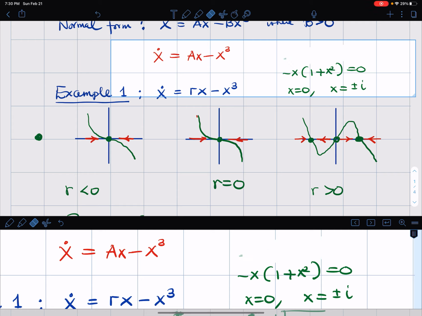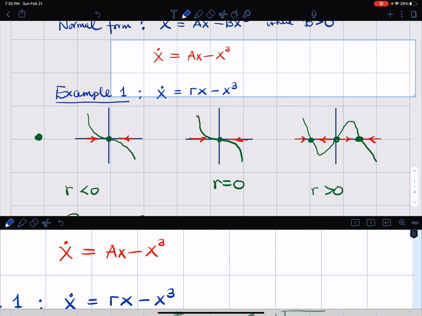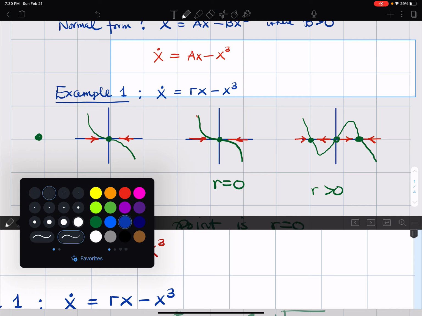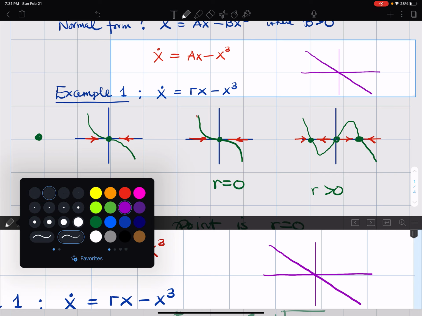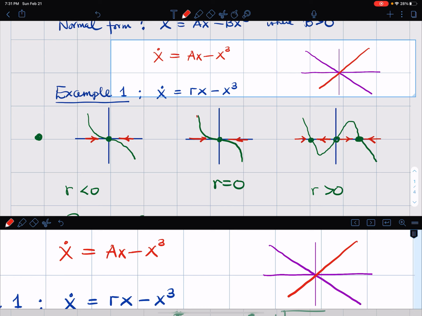If we don't have the cubic term, if we just have r less than 0, for instance, we're just going to have this for r less than 0. And if we have r greater than 0, we have this, I guess.